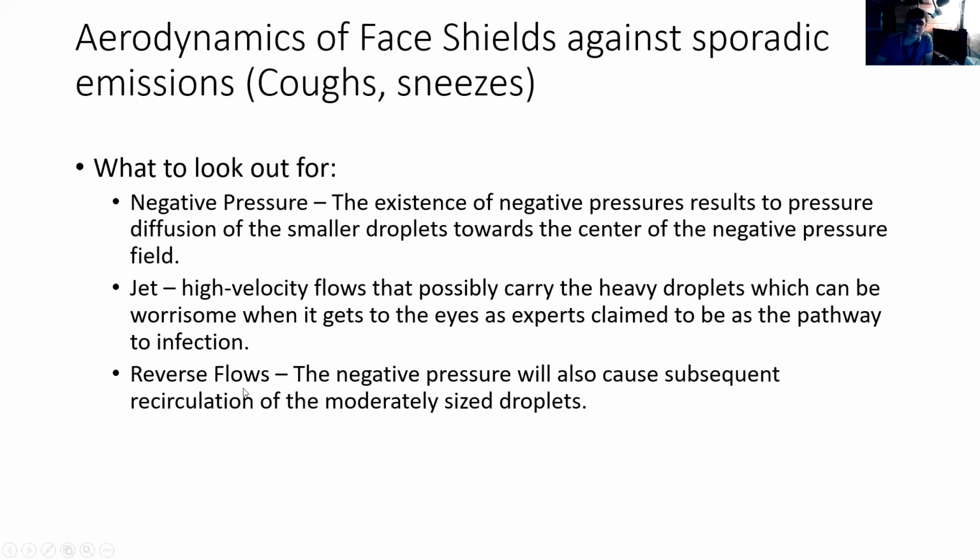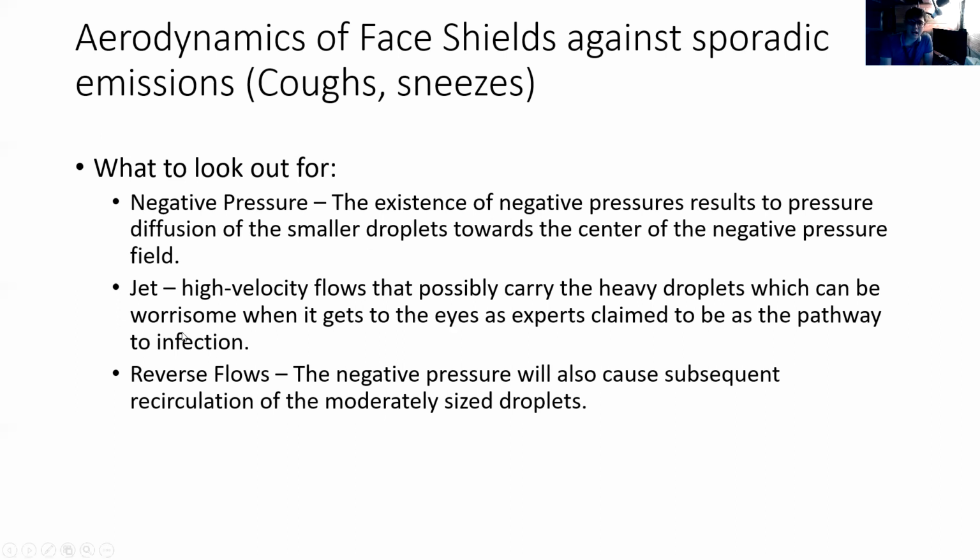Another thing to look out for is the jet. When the emission is still in its jet phase, we have to distinguish the transition. Eventually, after it travels some distance, it diffuses more and becomes what's called a plume.